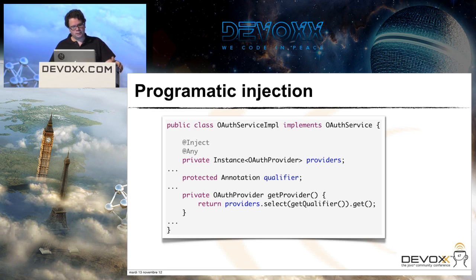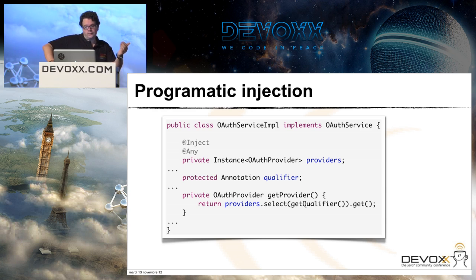It injects an instance of the bean, a kind of factory of the bean, that allows us to resolve the bean we want to use at runtime. For instance, here we inject an instance of OAuth provider. That will say we inject all providers regardless of their qualifier.